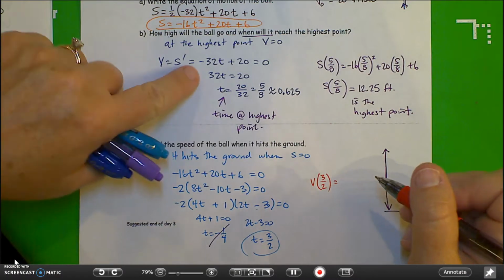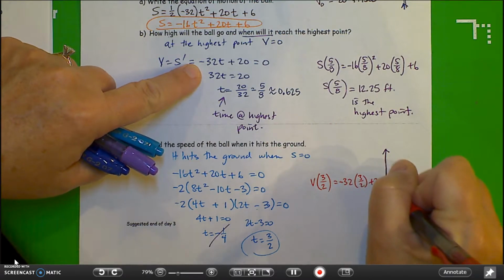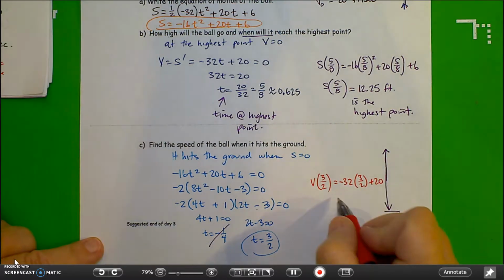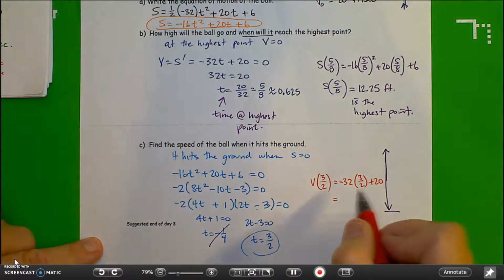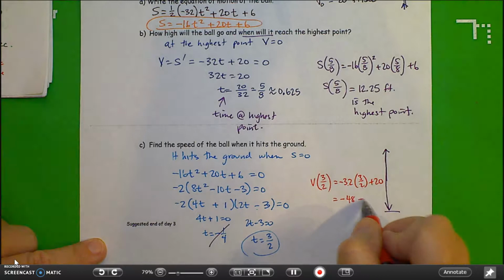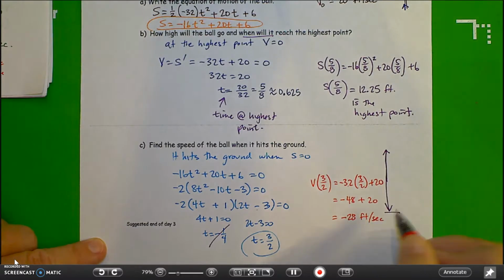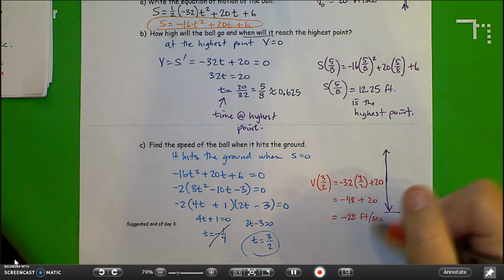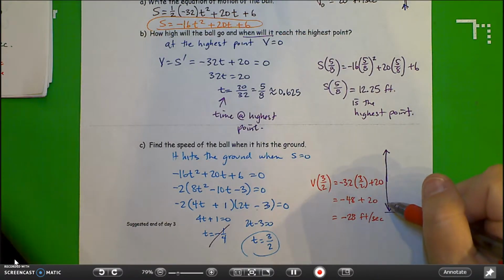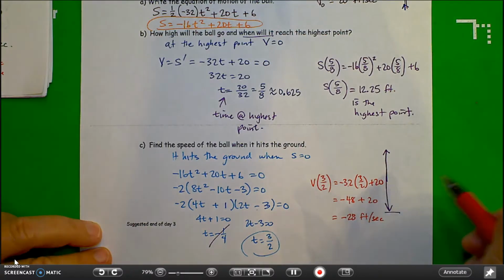My velocity equation was negative 32 times the time plus 20. Alright, so this is 16 times 3, so it's negative 48 plus 20. Negative 28 feet per second. The negative would indicate that it's moving down at 1.5 seconds.